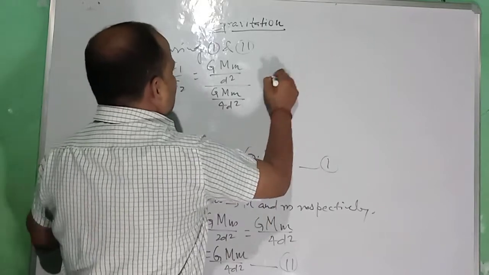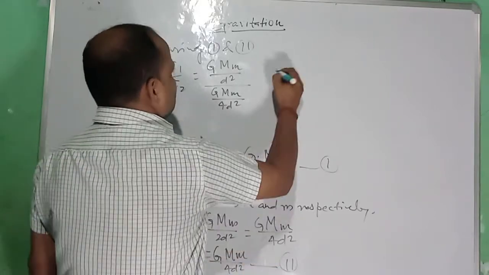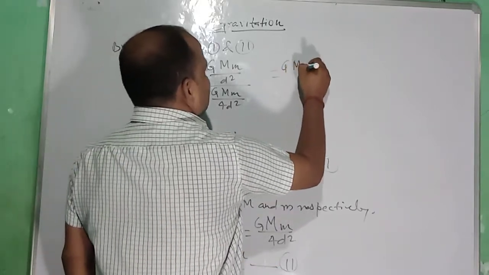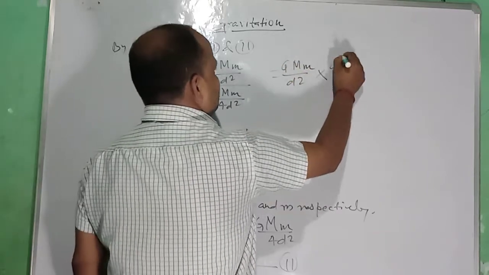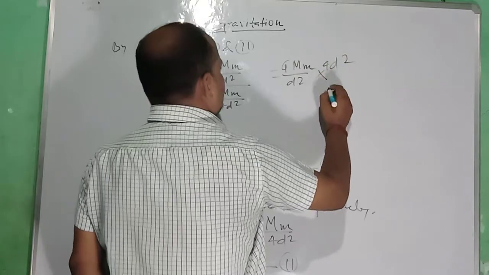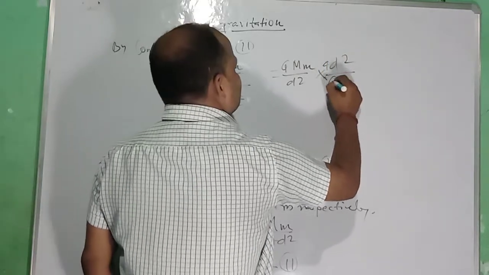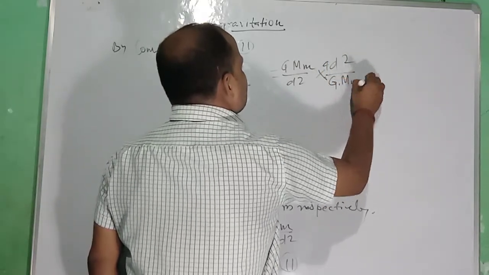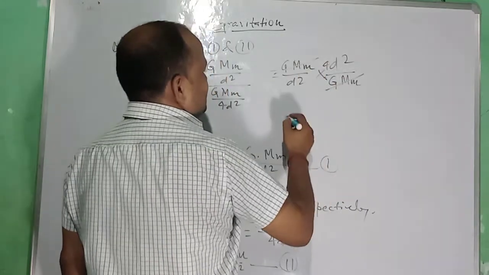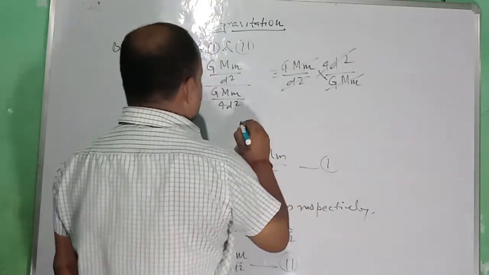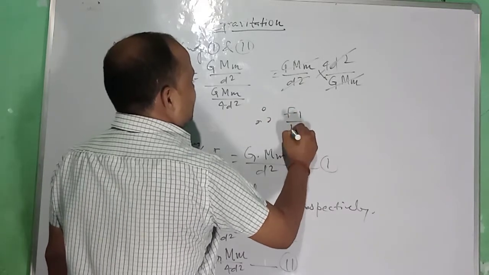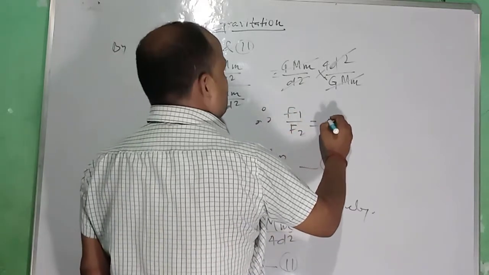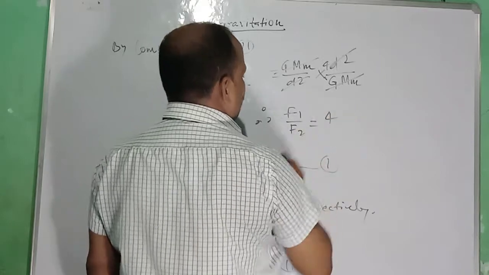Now this is equal to G capital M small m by d square into, now inverse it, 4d square by G capital M small m. These terms cancel each other, d square cancels. Therefore you have got F1 by F2 is equal to 4.